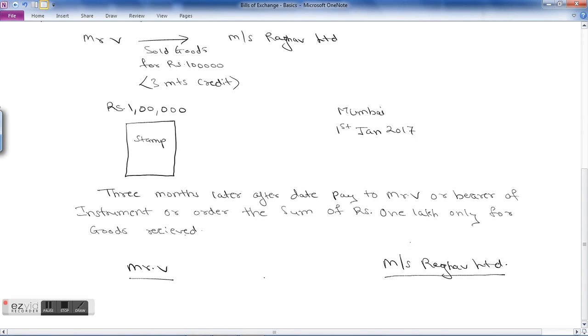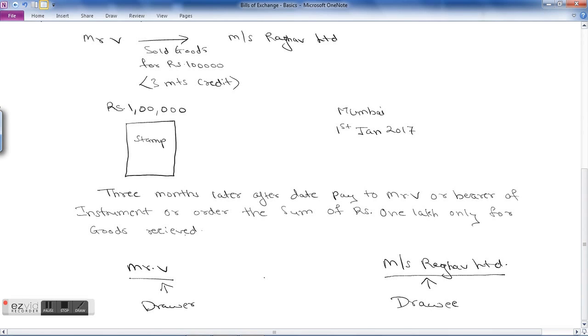Raghav, who will accept the bill. Now there are 3 parties here. Mr. V has drawn the bill, so he is known as the drawer. Mr. V has drawn the bill on Messrs. Raghav Limited, so Messrs. Raghav Limited is the drawee.